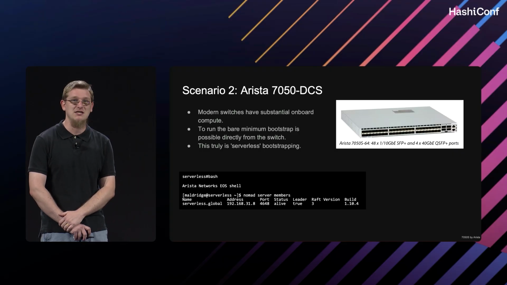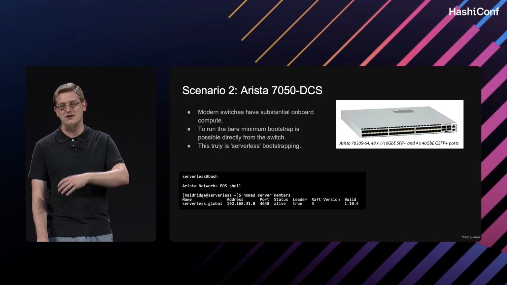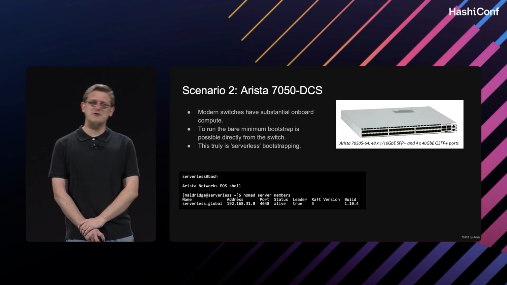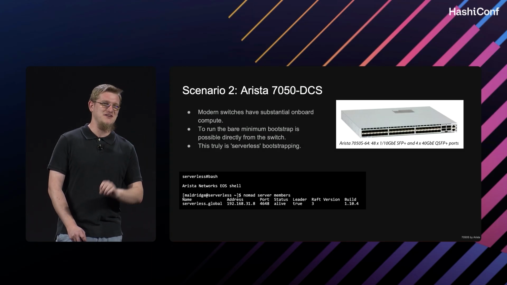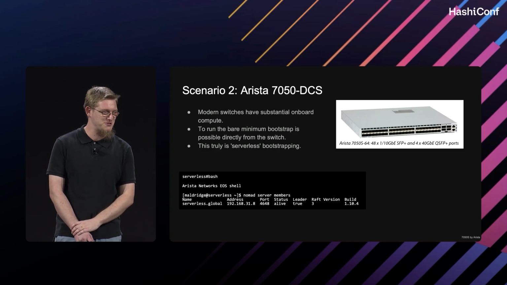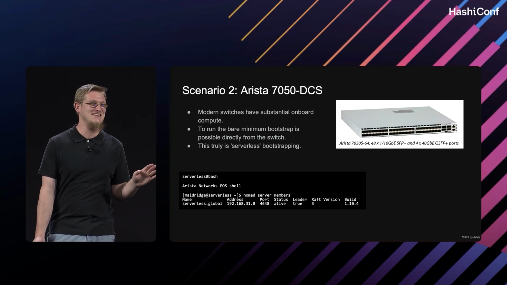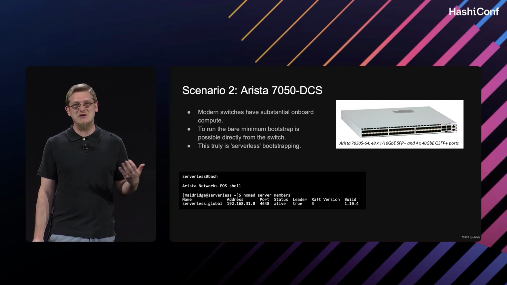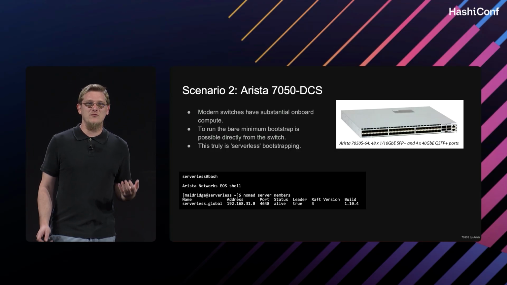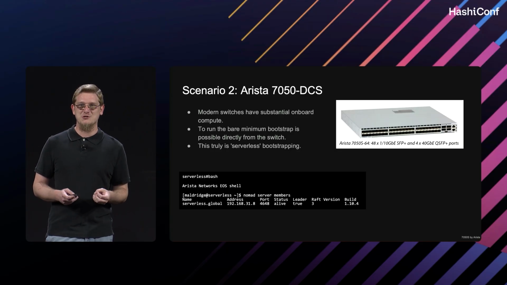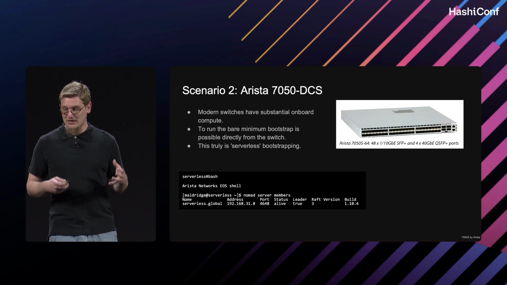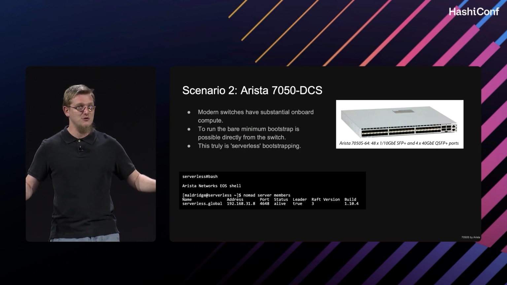It runs Arista EOS, which is a fork of the enterprise Linux ecosystem. It's also GPU accelerated due to the specific system on module they chose, which is always funny to me to see that my switches are GPU accelerated. But this means we now have enough compute that we can run the bare metal bootstrap on the switch. We've got everything we need to bring the data center up with no external hardware now.